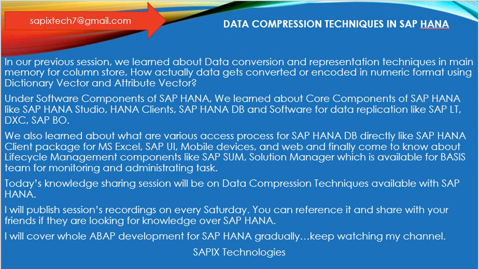Dictionary encoding is the default encoding process in SAP HANA. I discussed how dictionary vectors and attribute vectors get created, and SAP HANA stores data in the database based on the dictionary vector and attribute vector.